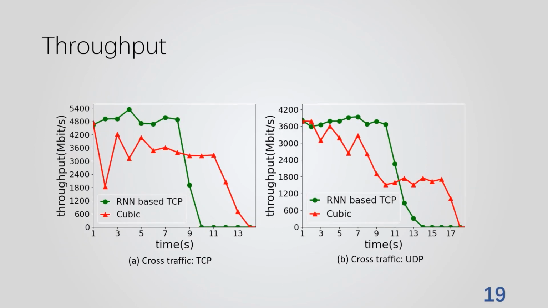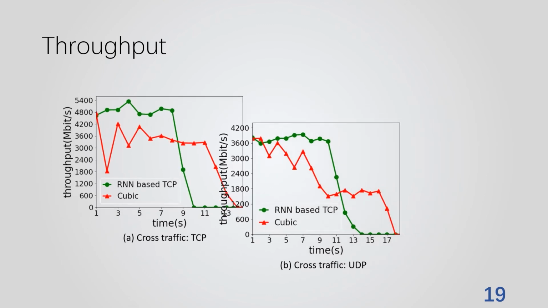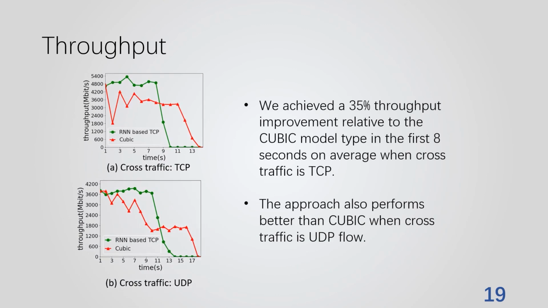Here is the throughput result of our experiment. The cross traffic of the left throughput result is TCP. The cross traffic of the right result is UDP. We achieved a 35% throughput improvement relative to Cubic in the first 8 seconds in the range where the cross traffic is TCP.